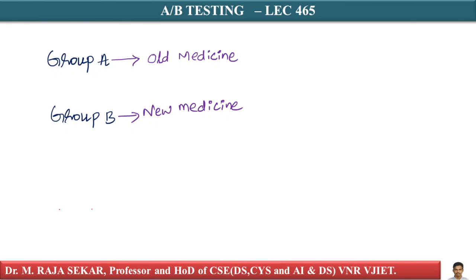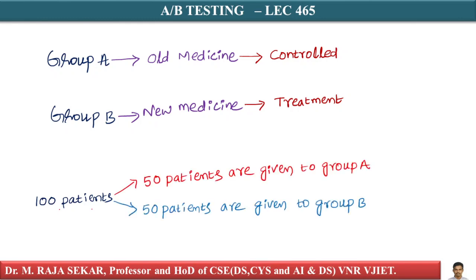Group A is often called control and group B is often called treatment, and these words, control and treatment, are found in medicine. Let's assume there are 100 patients, with 50 patients given to group A and 50 patients given to group B.